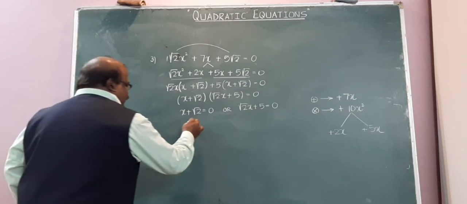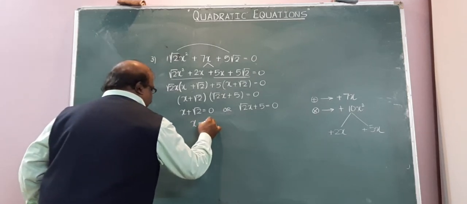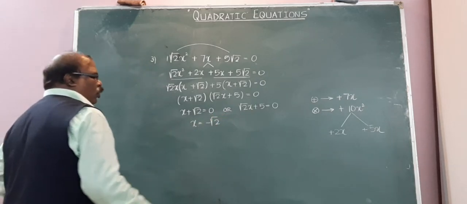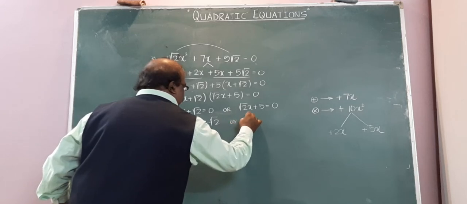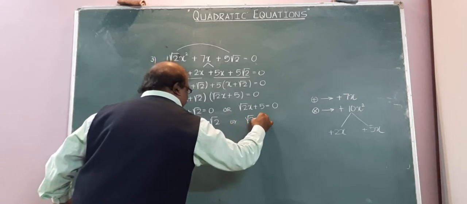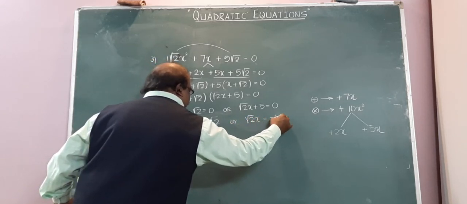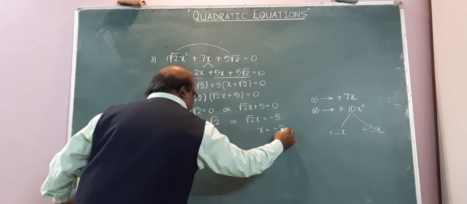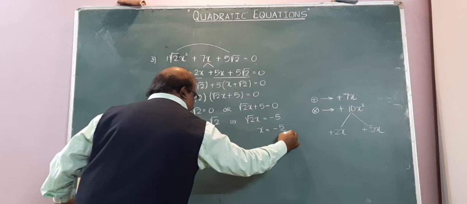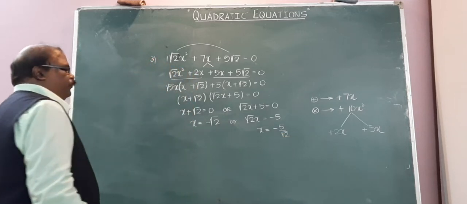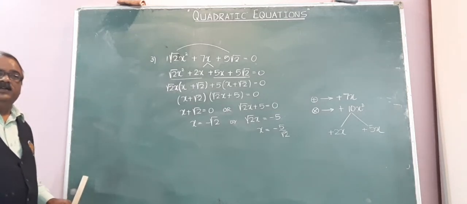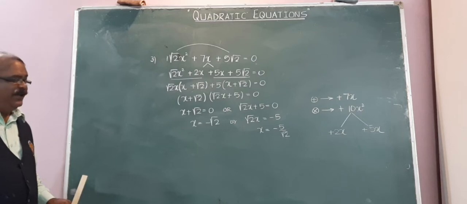So x is equal to plus root 2 going that side minus root 2, or root 2 into x is equal to minus 5. x is equal to minus 5 upon root 2. Once again I got the roots of the equation. The roots here you can see are irrational. What type of roots did I get? Irrational roots.